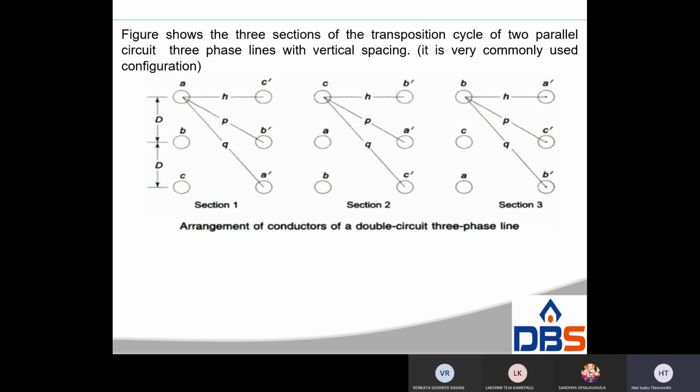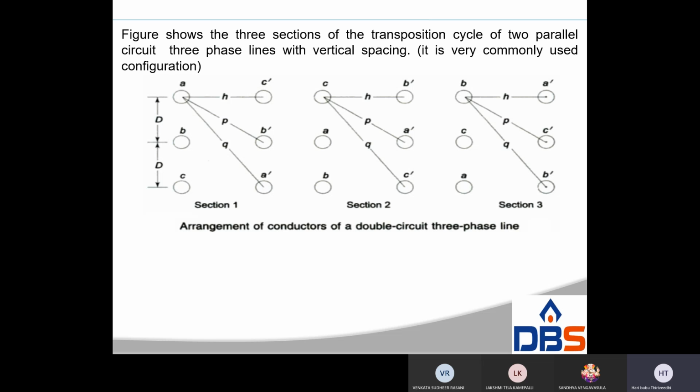Self GMD of AA dash is, first of all, the distance DAA, next DAA dash, DA dash A, DA dash A dash, whole power 1 by 4.